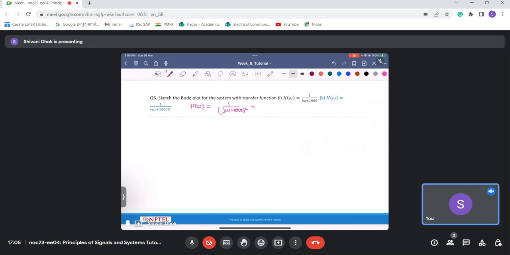This I can write as 1 upon 10 power 6 upon (1 plus j omega by 1000) whole square.